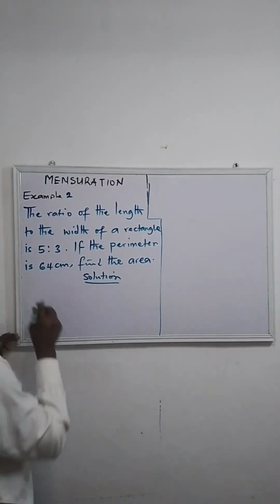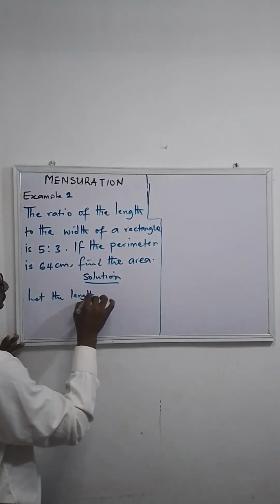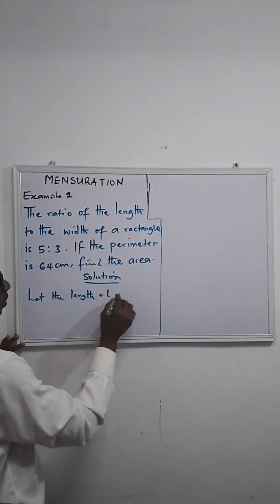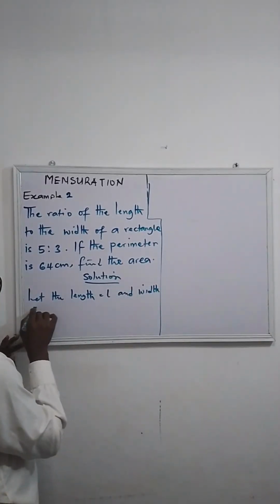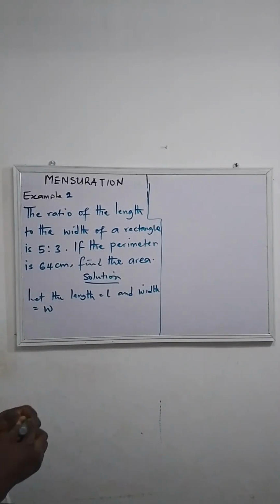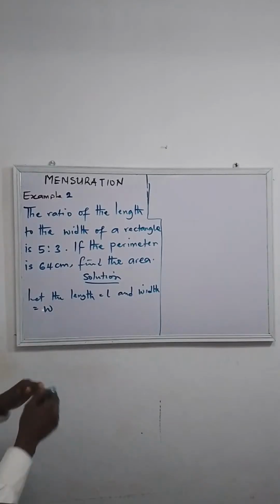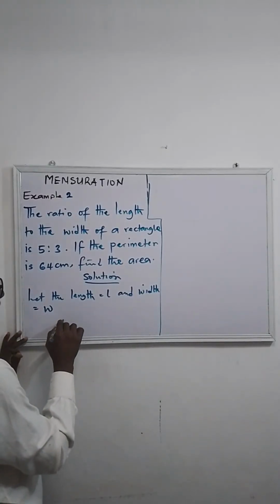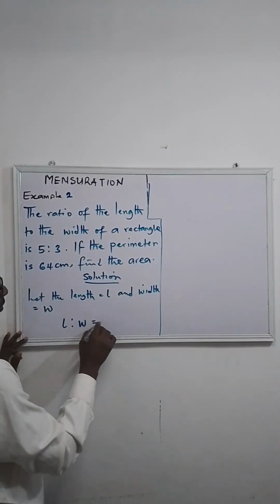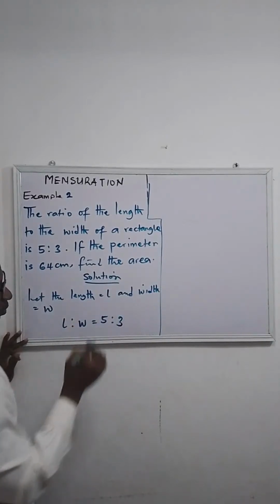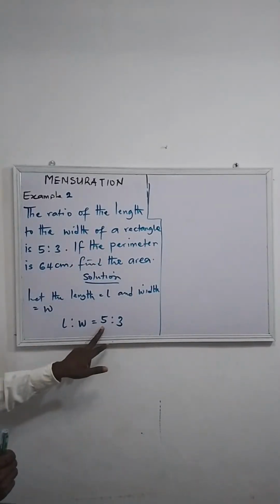So let's start by saying let the length of the rectangle be equal to L and the width be equal to W. Alright, so if this is the width and this is the length, then the ratio of the length to that of the width is equal to 5 to 3. You get that? Ratio of the length to the width is 5 to 3.